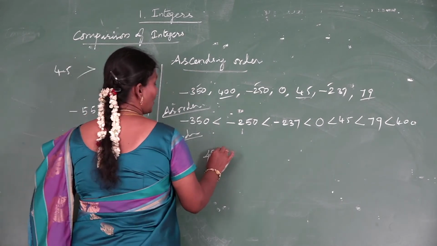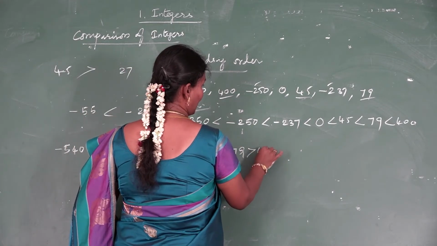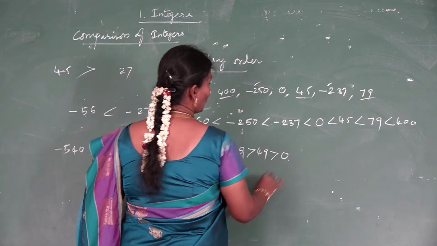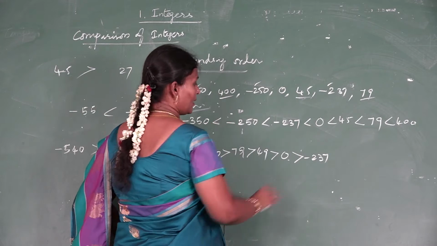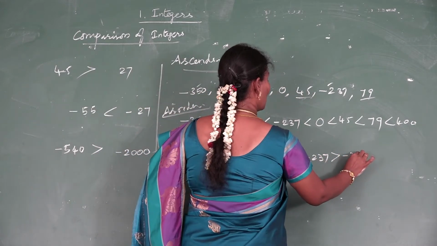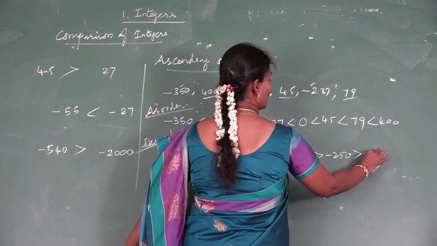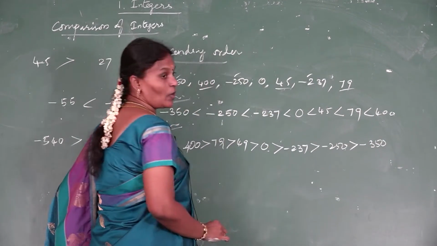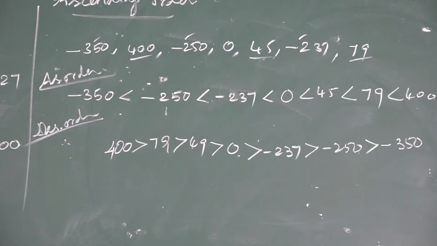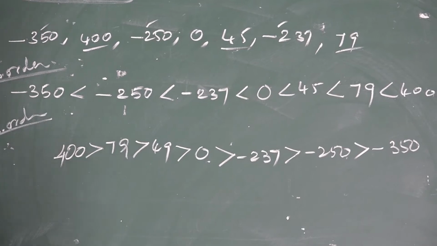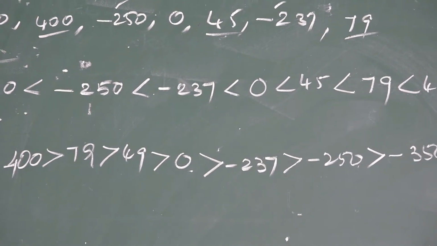So 400 is greater than 79, greater than 45, greater than 0, then greater than minus 237, greater than minus 250, and the last one is greater than minus 350. So which is the smallest one? Minus 350 is the smallest one. Which is the biggest number? 400. So this is the descending order. Do you understand, children, how to arrange in ascending and descending order?